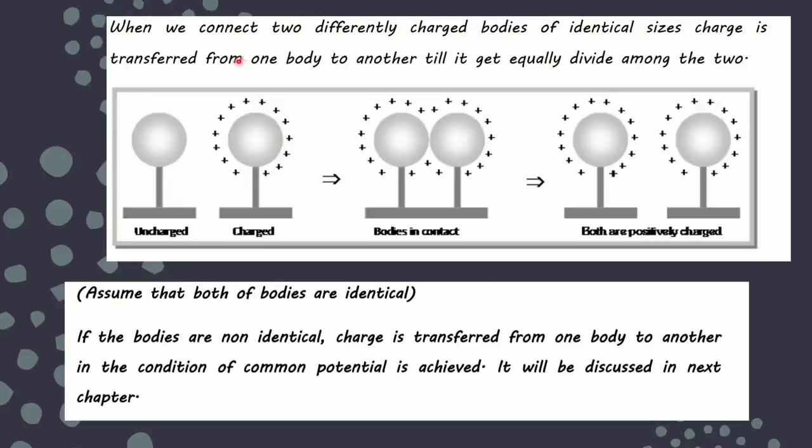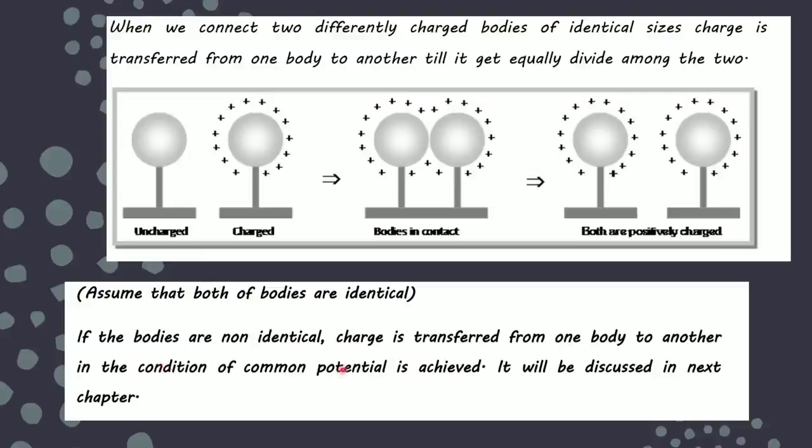This also, for the sake of revision, I have taken that if I have an uncharged conductor and I bring a charged conductor which is identical, same in shape and size and everything, then the charge will be distributed equally on both. On this we have done the question also.